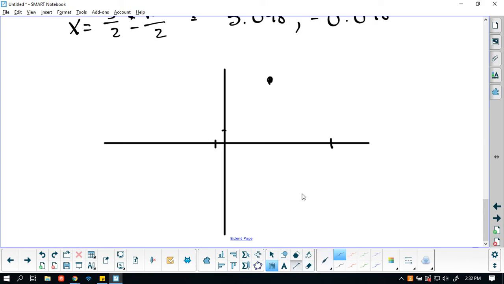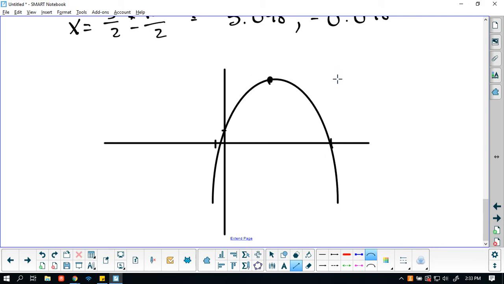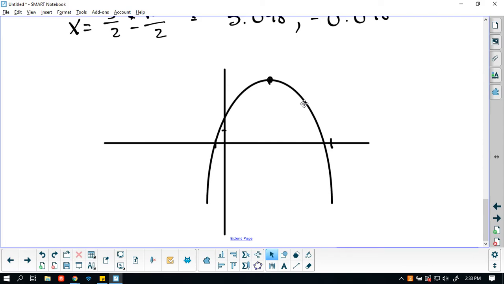Now let's see if I can get this. I think the dot is kind of far over. The good thing about me having the computer and drawing everything is I can move what I need to, where I need to. So this is 1.